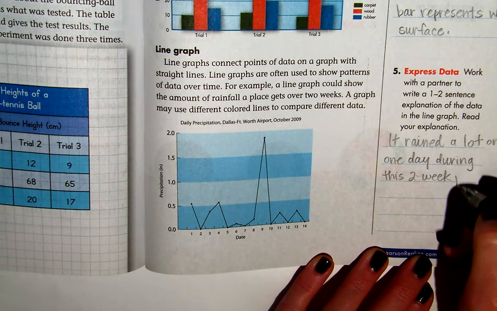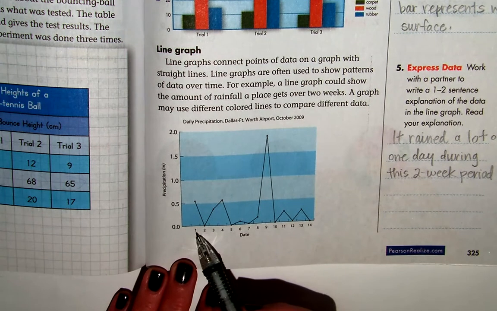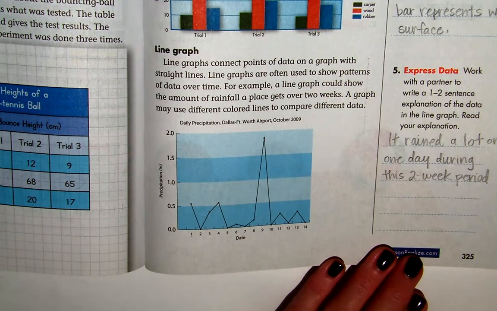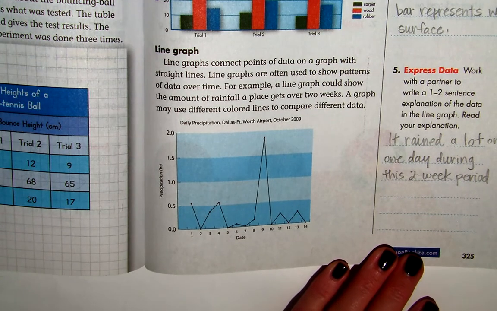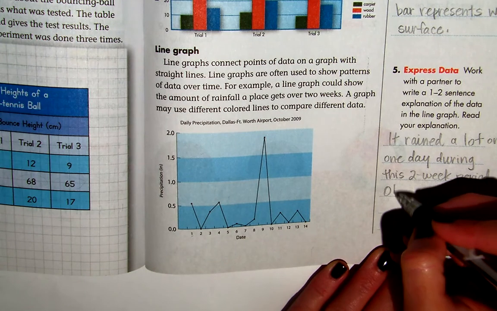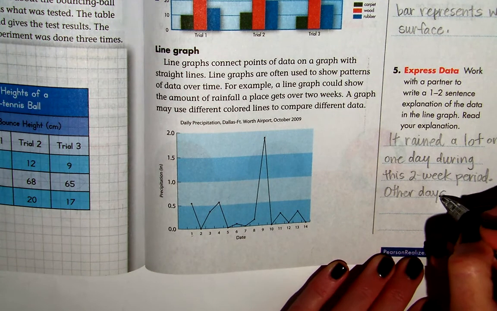And I did say the month of October. It is in the month of October, but you'll notice it is only from the 1st of October to the 14th. So 14 days is 2 weeks. Other days received little or no rain.